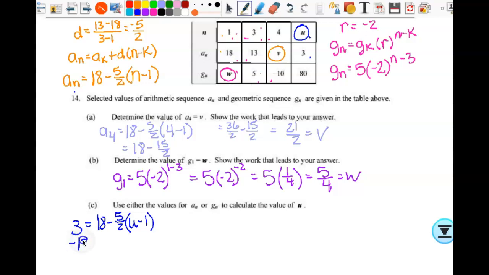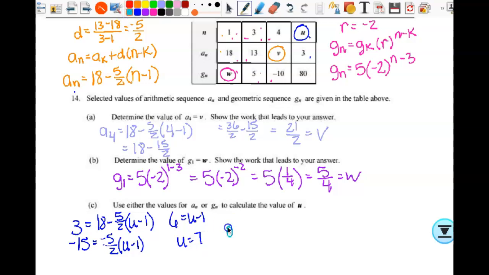That gives me negative 15 equals negative 5 halves times U minus 1. Then I can multiply both sides by negative 2/5 to get rid of that fraction. So when I do that, that's going to give me positive 6 equals U minus 1. And so U equals 7.